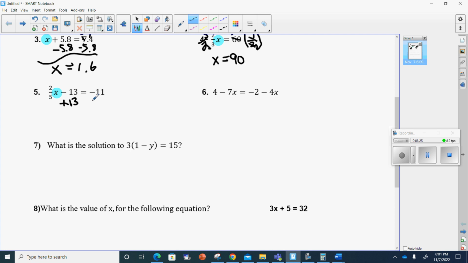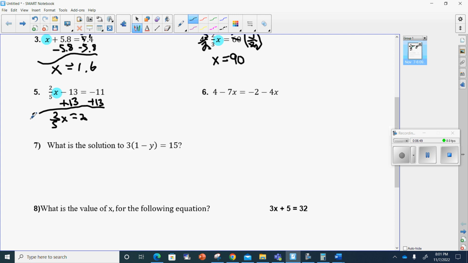Whatever I add to one side, I'm going to add to the other side. This is going to give me 2 over 5x is equal to, well, 13 minus 11 would be 2.